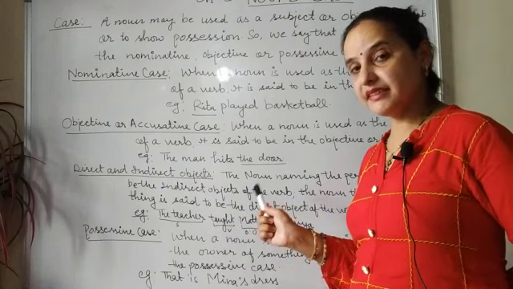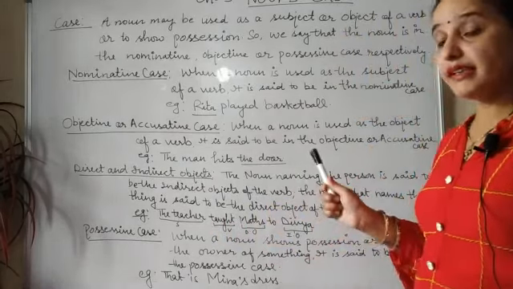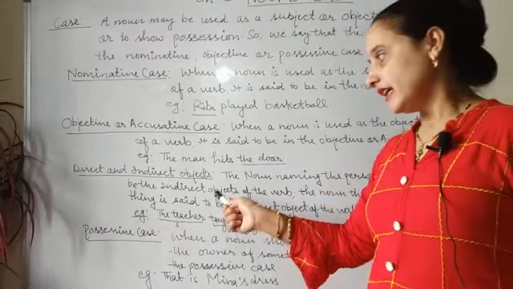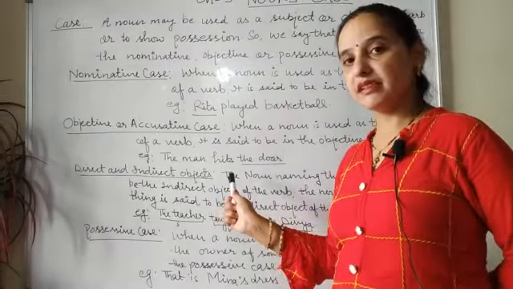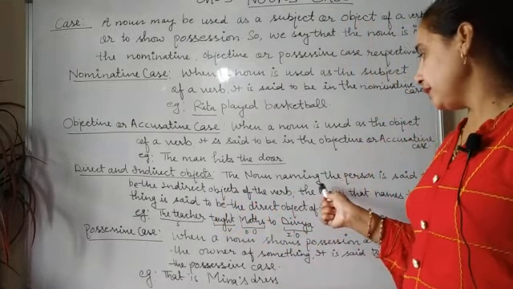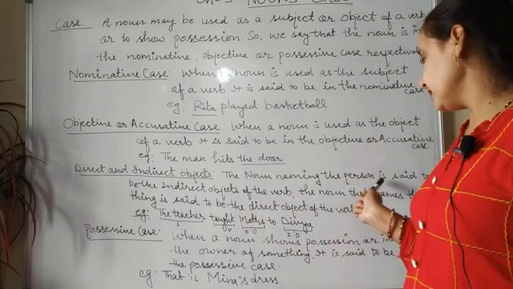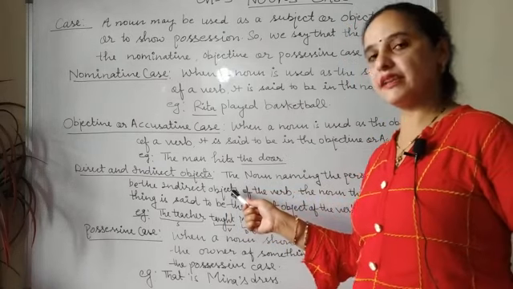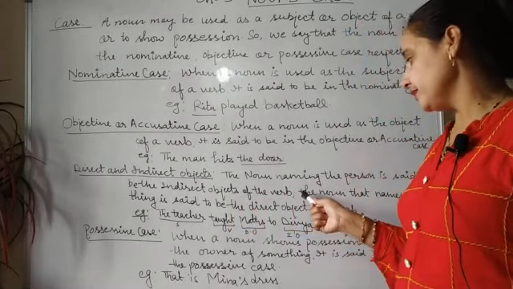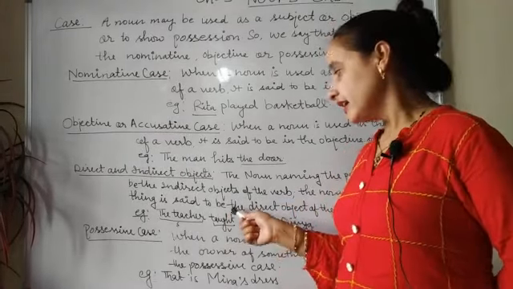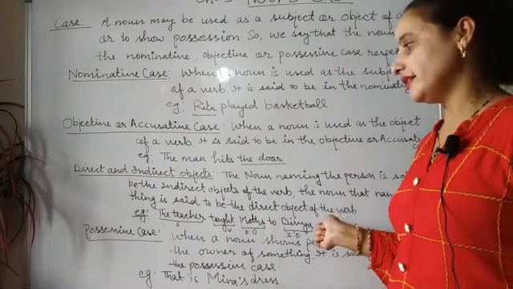Again, I am explaining this definition. The noun naming the person is said to be the indirect object of the verb, and the noun that names the thing is said to be the direct object of the verb.